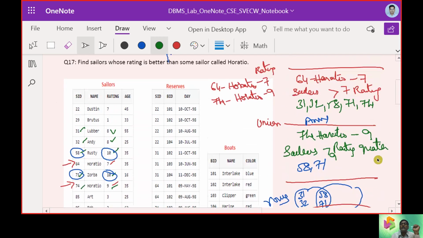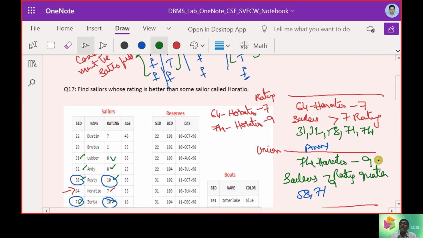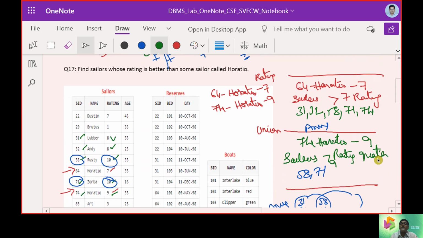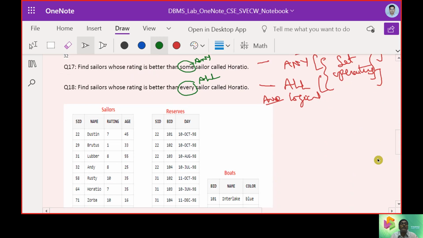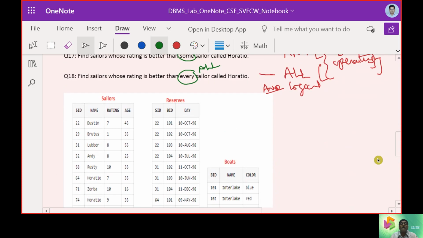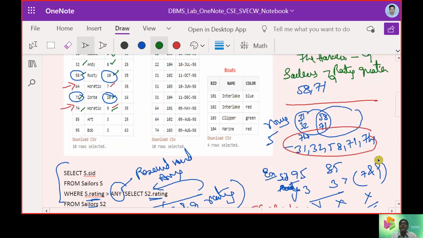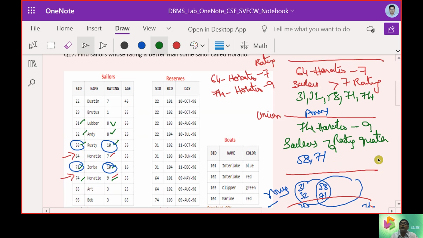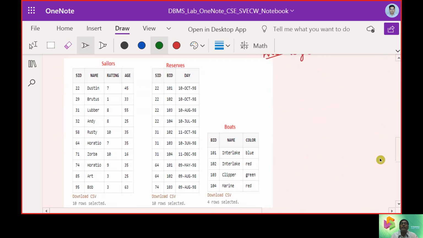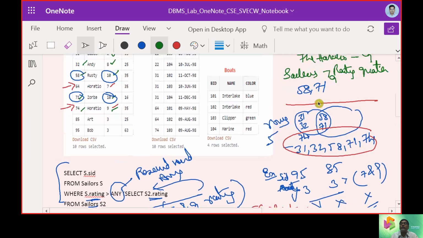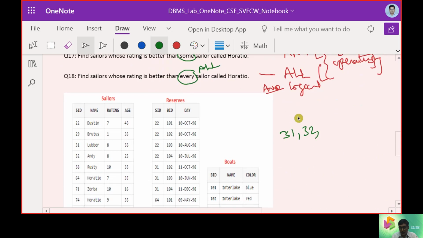So when I am working with this exercise, in the first case we have 31, 32, 58, 71 and 74.